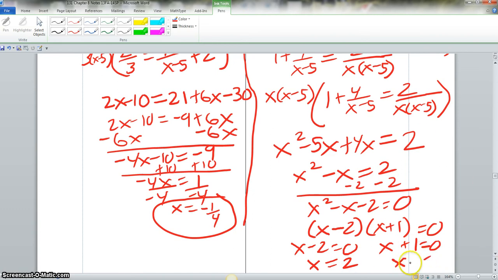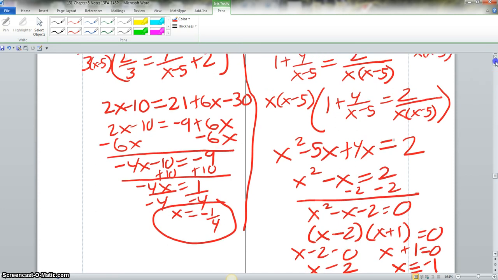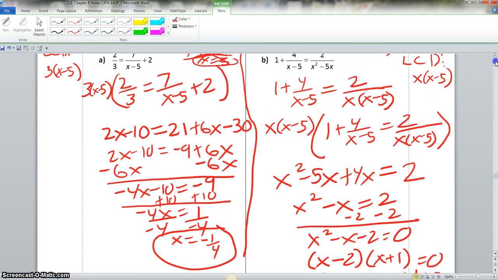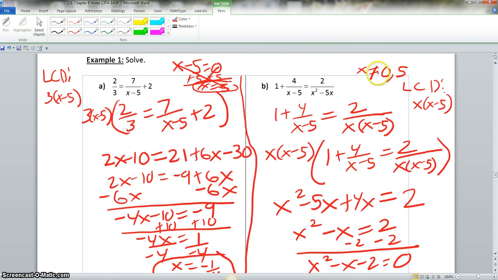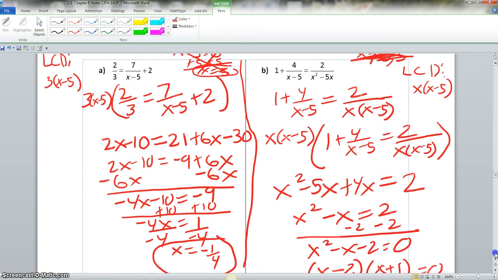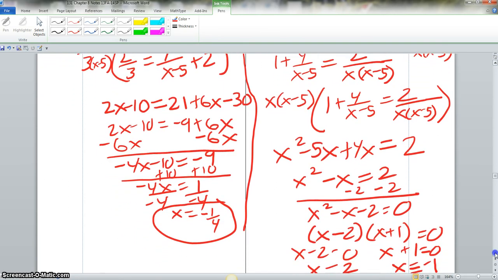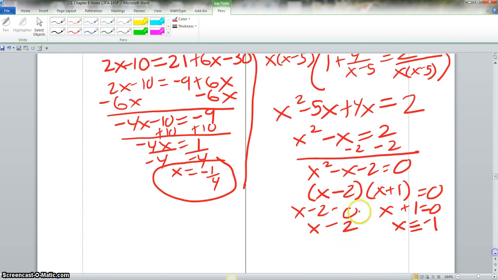Now, these two values do not equal those two terms up here that we said it could not equal to, 0 and 5. So we no longer need that. So now we come down here, and we know that our final answer here is x is equal to negative 1 and also 2.